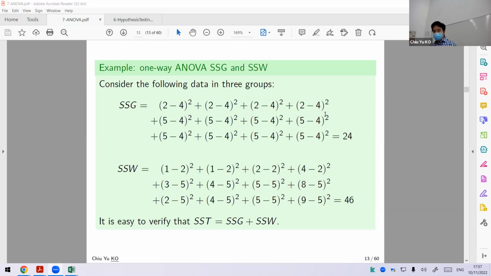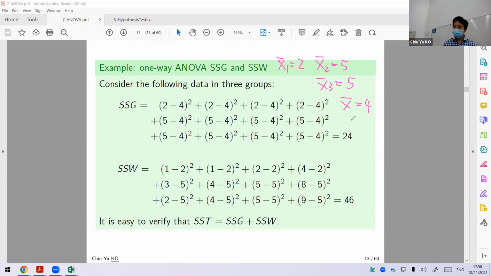And then you can do the SSG. You can see x bar 1 is 2, x bar 2 is 5, and x bar 3 is 5, and x bar is 4.